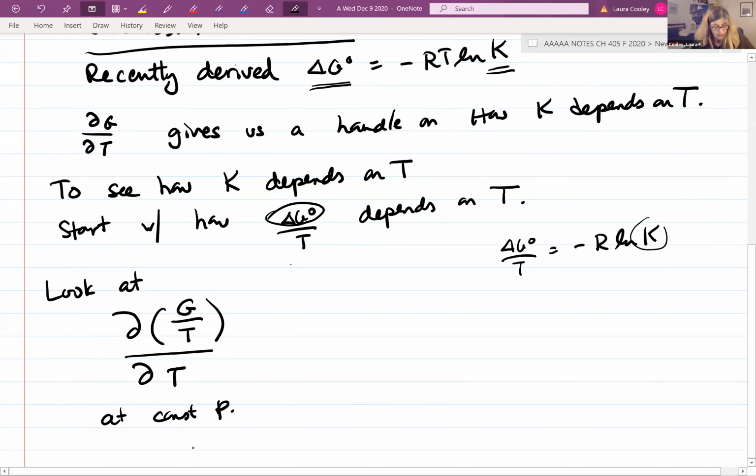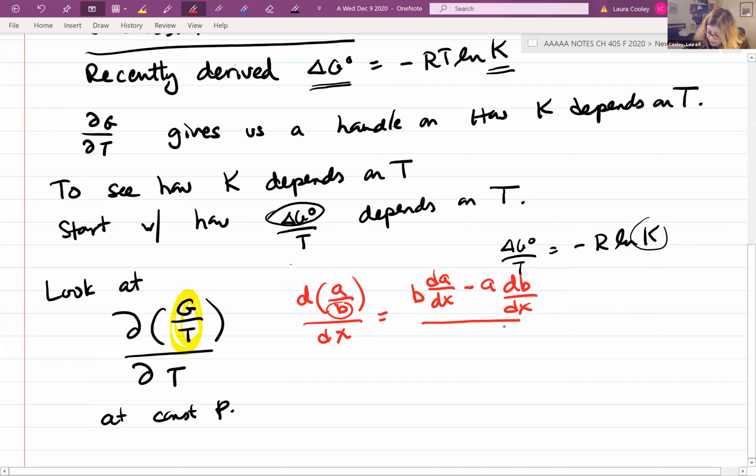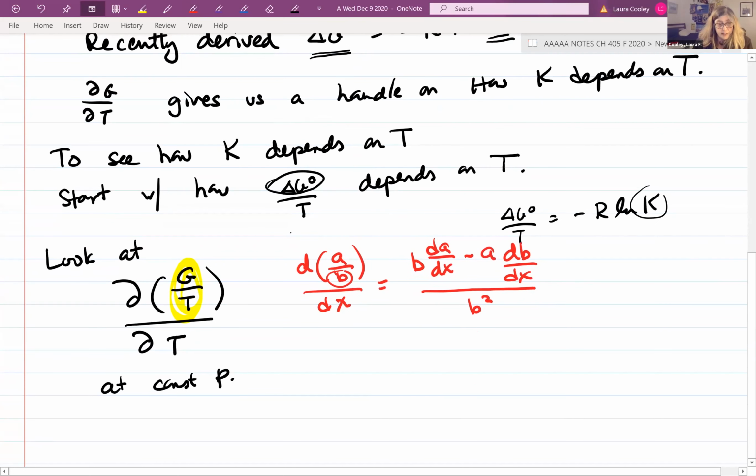All right, so how are we going to do that? Well, this is a quotient. And in calculus, you learn the quotient rule, right? The derivative of A over B with respect to, say, X, is B, the bottom, times the derivative of A with respect to X, minus A times dB/dx, over B squared. So we're going to use this sort of formula in evaluating this.